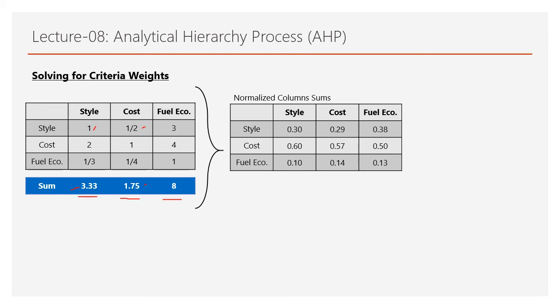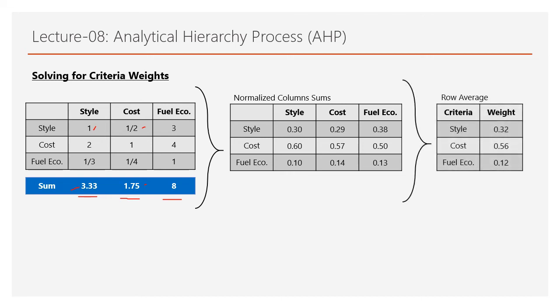Okay, so we have this matrix as the normalized matrix based on the column sums. Now that we have done that, we just take the averages of the corresponding rows. We take the average of each row, and we get the corresponding weight for each criterion.